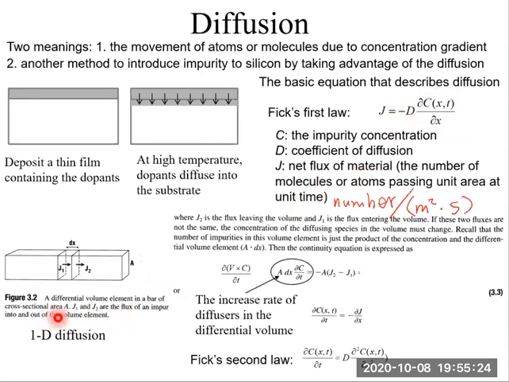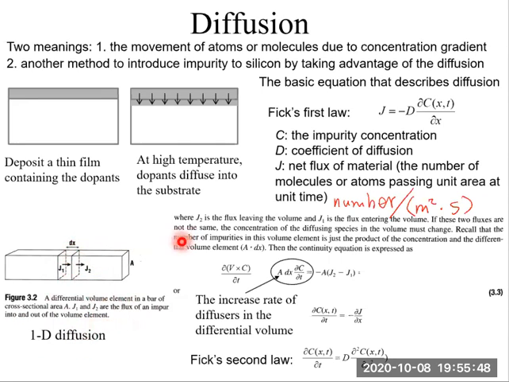Next, let's consider a differential volume element in a bar of cross-sectional area A. This is a bar structure, and we consider a small differential element whose thickness is dx. Very small thickness.